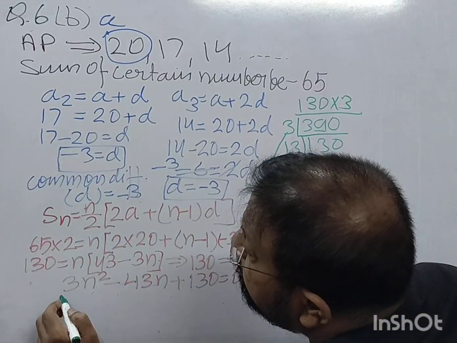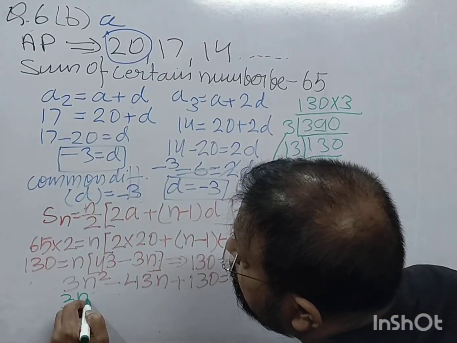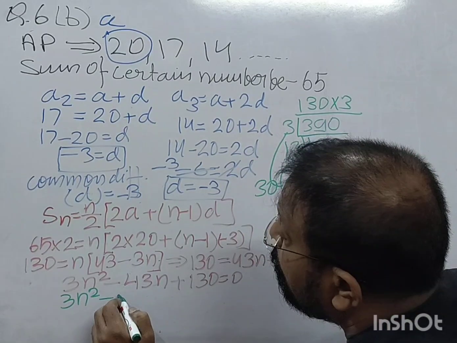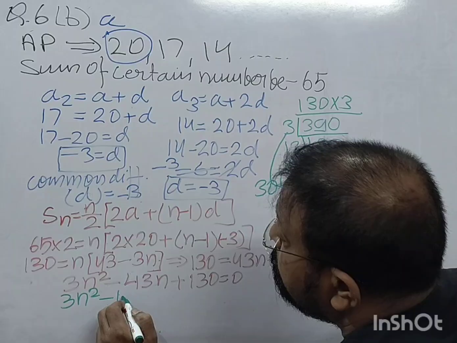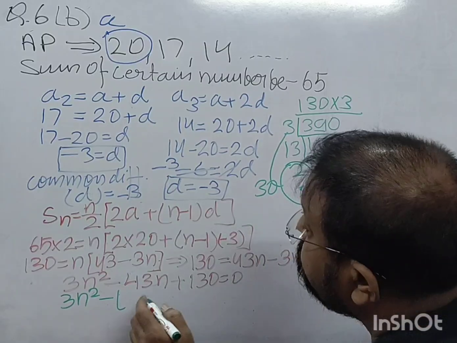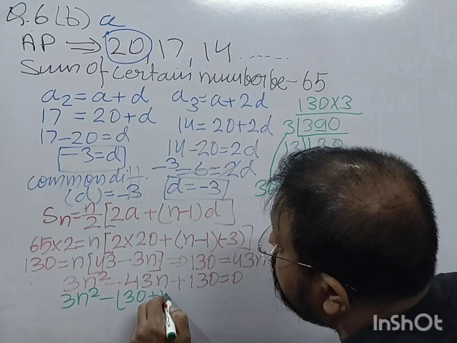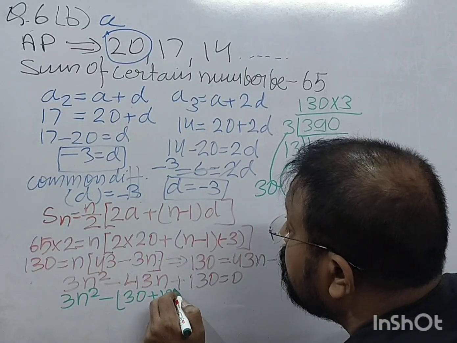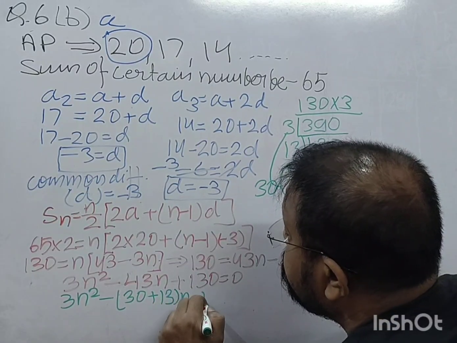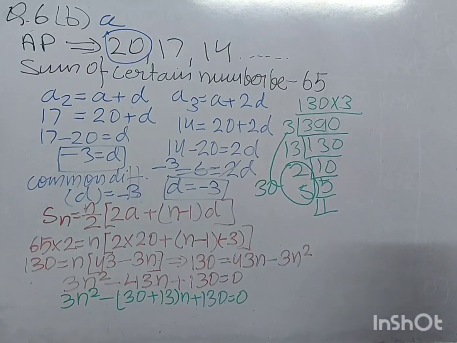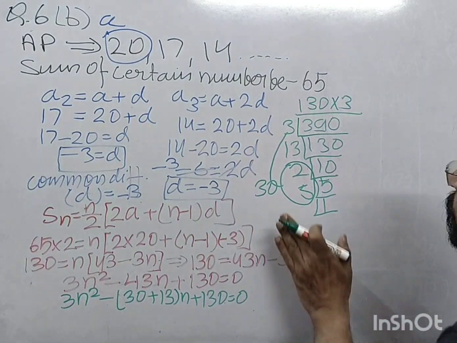So you can write here 3n square minus 43n plus 130 is equal to 0. You get this?